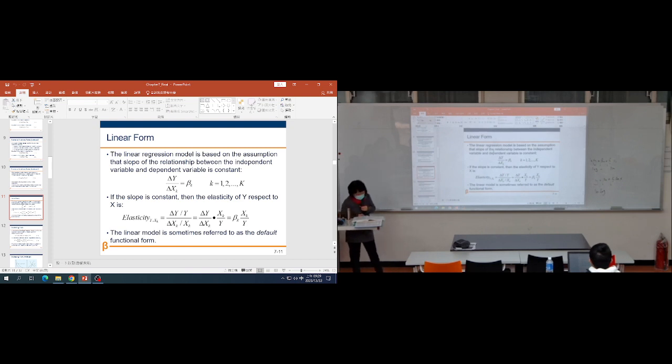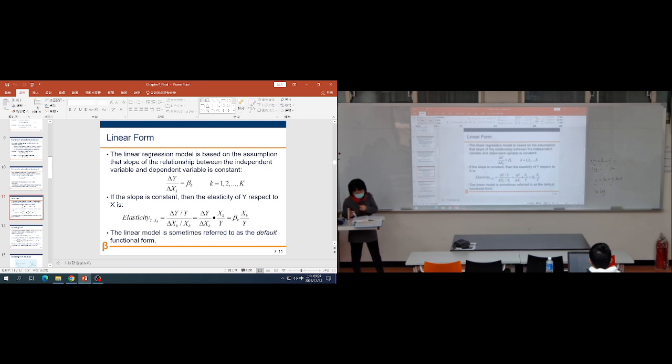So look at the semi-log forms in table 7.1. The third one uses y as linear form and x as log form. So the definition of beta 1 will be: if x increases by 1%, then y will change by beta 1 over 100 units.